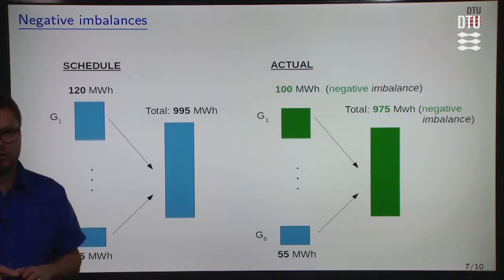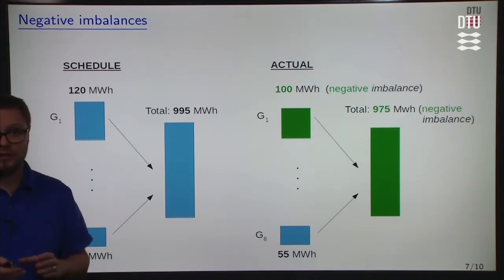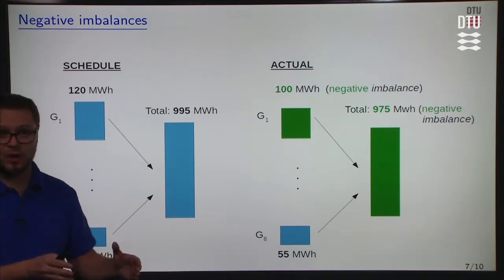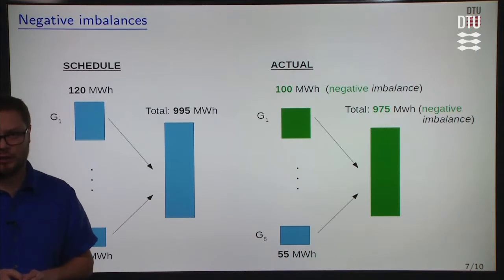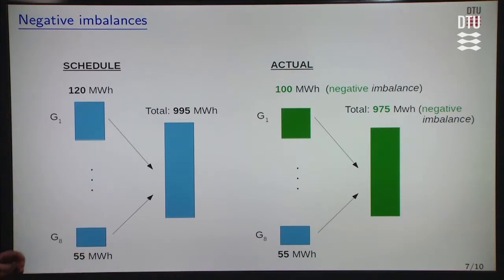I say they were supposed to supply and to consume, since there might actually be a difference between what the schedule was and what is actually happening. Especially here, if G1 is a wind farm or wind power producer generally, there might be some differences simply due to forecast errors.